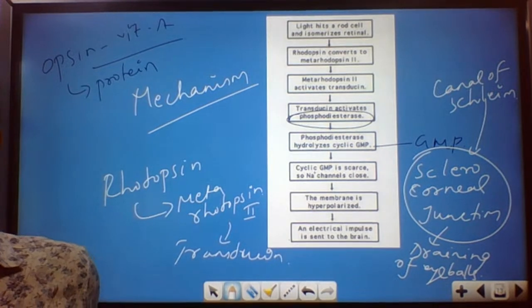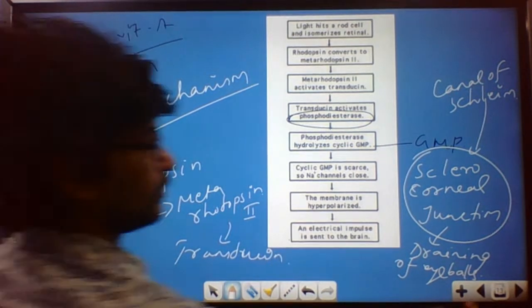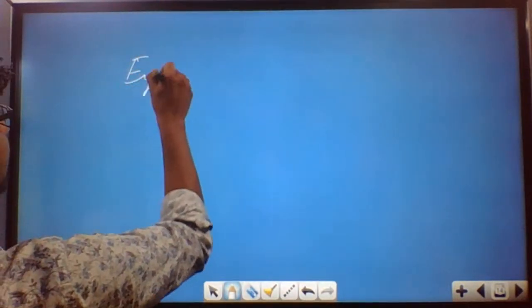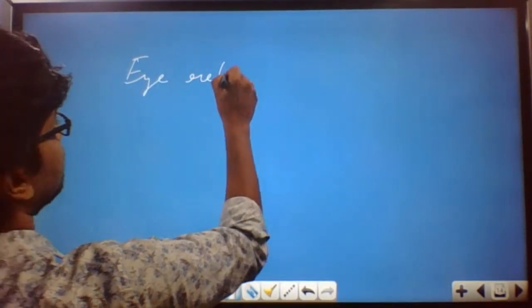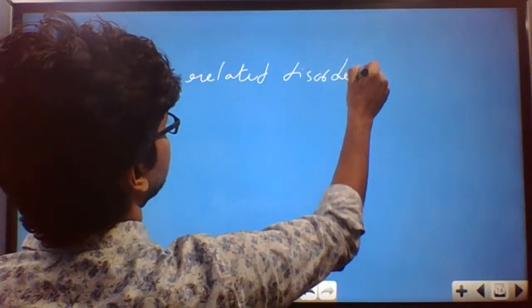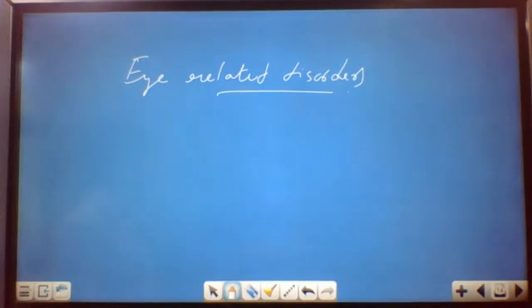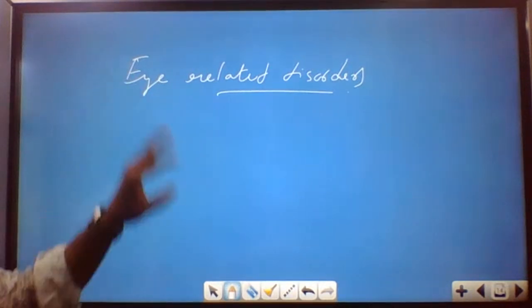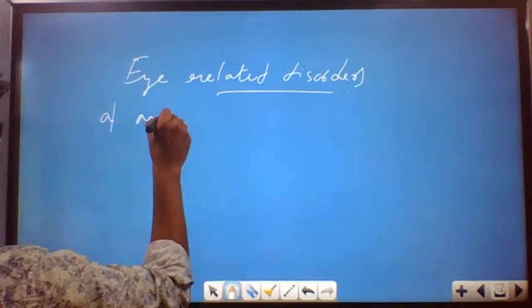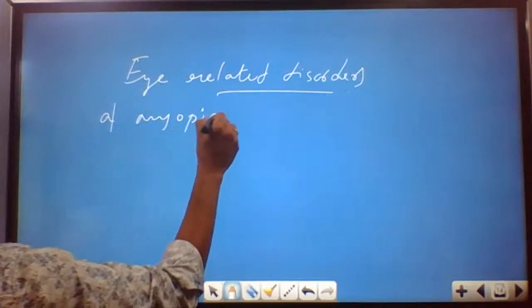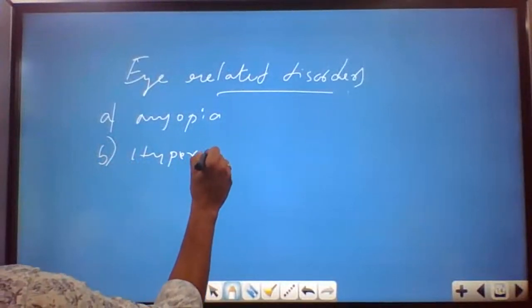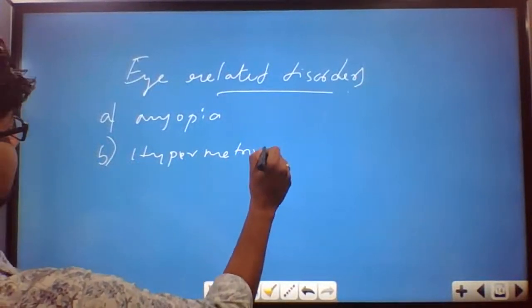So coming to eye related disorders. Can you name some eye related disorders? The first main eye related disorder is myopia. What is myopia? Then hypermetropia.